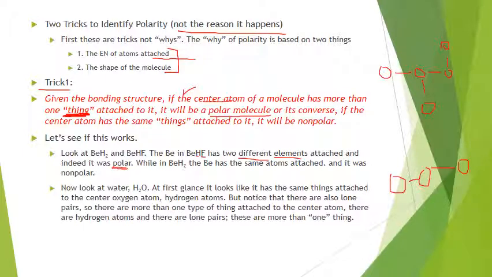BeH2 had just the two hydrogens attached, and we said it was nonpolar. So again, it has the same things attached, and it's nonpolar. Now, how about water? If you just look at water, it looks like the oxygen has the same things attached, hydrogens, but you have to draw it out.